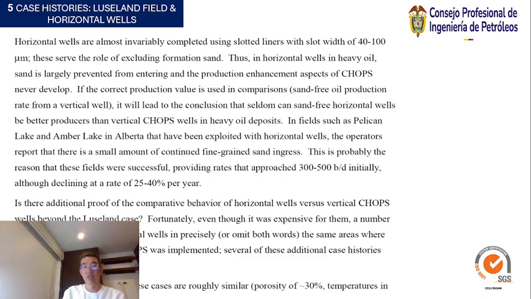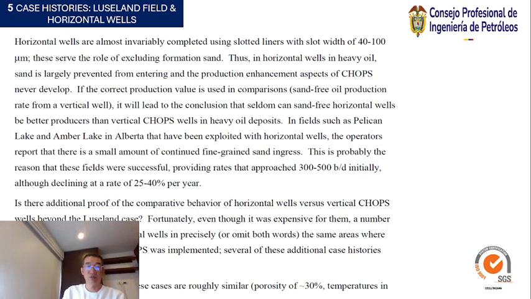Fortunately, even though it was expensive for them, a number of operators have tried horizontal wells in precisely the same areas where verticals were drilled and CHOPS was implemented. Several of these additional case histories will be briefly presented.